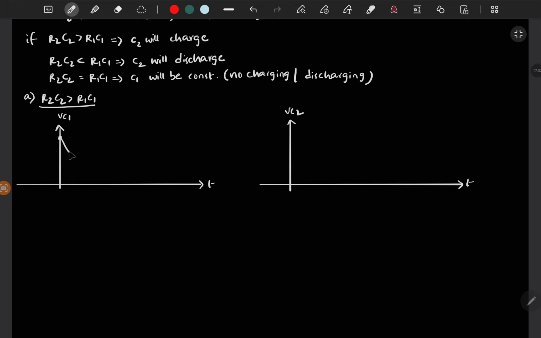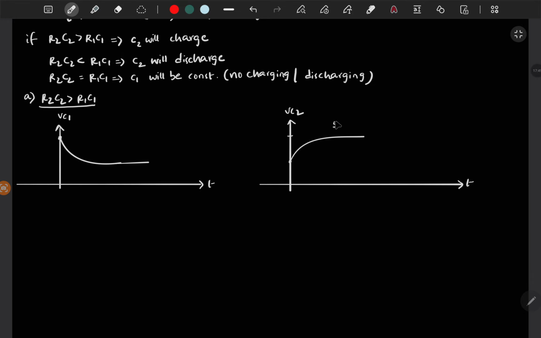C1 will discharge to some value and C2 will charge to some value.